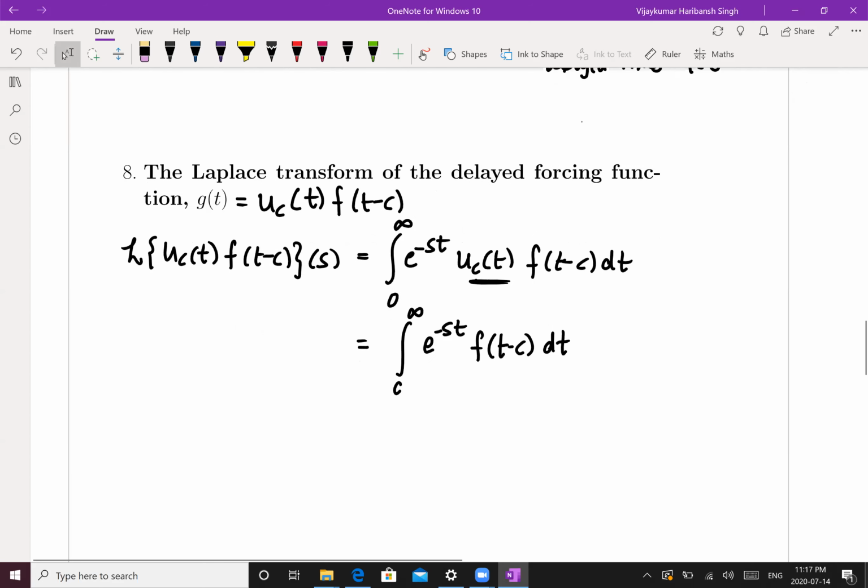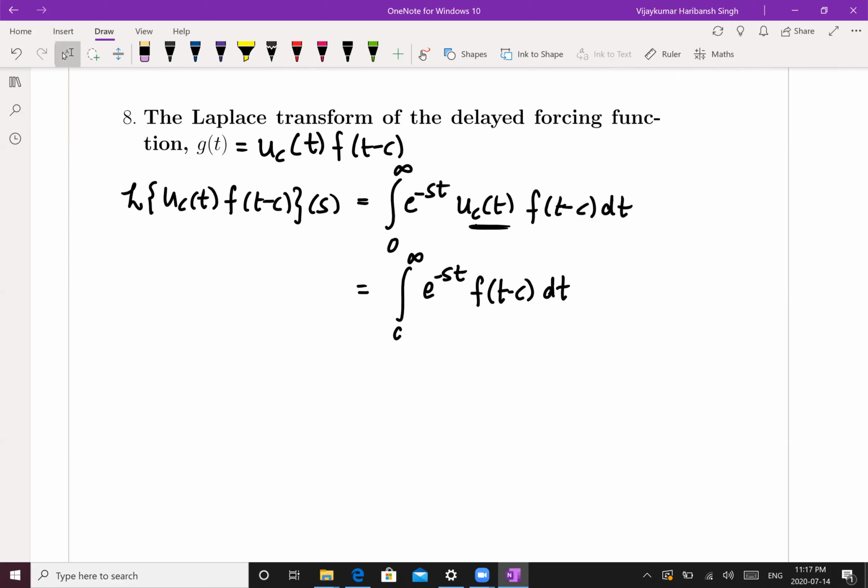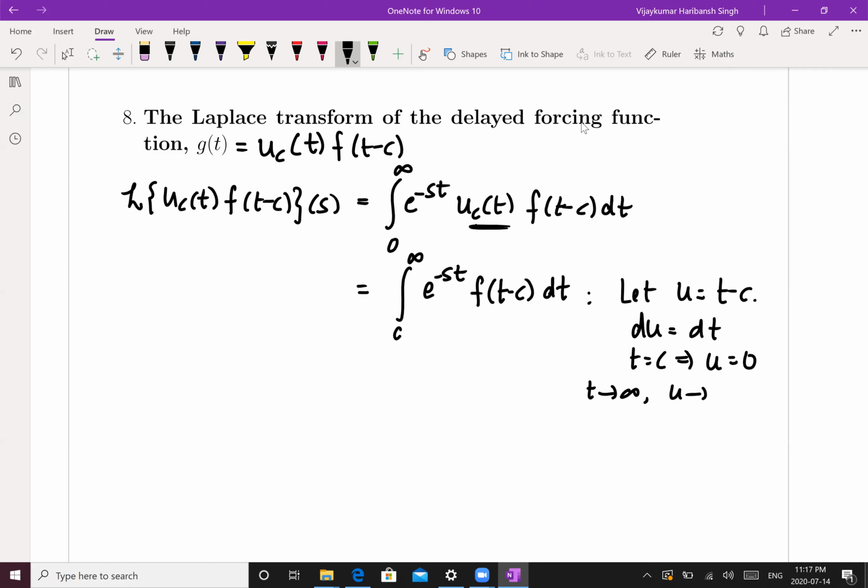Now let's try to understand how to simplify this. So I'll do a substitution here. Let u be t minus c. Then we get du equals dt, and when t is c, u equals 0, and if t goes to infinity, u also goes to infinity.